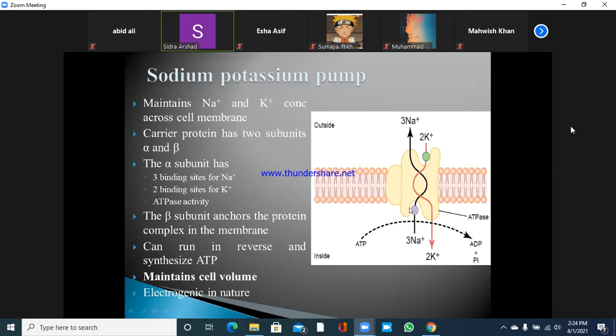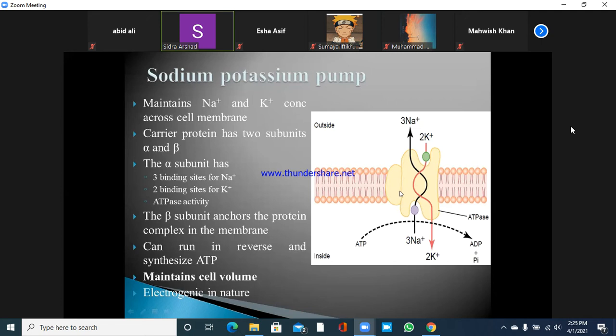When both these ions have bound at their respective binding sites, because of the ATPase activity of this protein molecule, the ATP molecule is broken down into ADP, a phosphate bond is broken down and energy is released. By the consumption of that energy, these 3 sodium ions move to the outside and 2 potassium ions move inside, right?